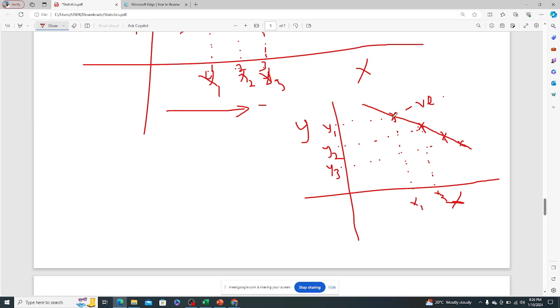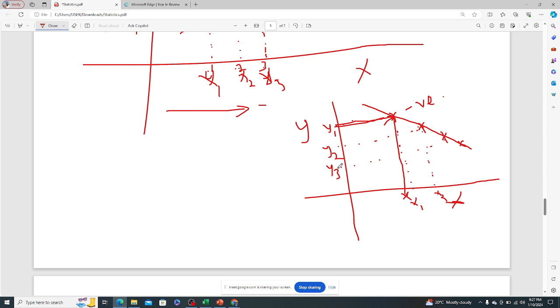So as you can see, at the highest point of y we have the lowest value of x.